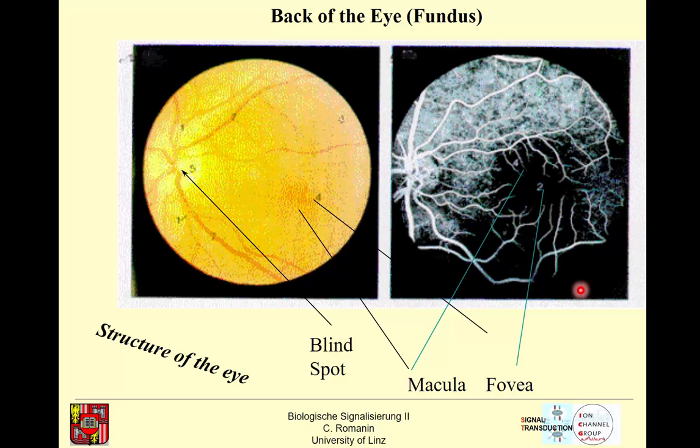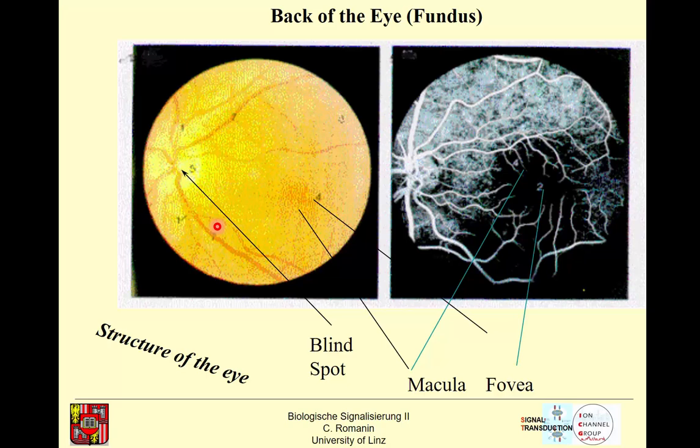Whenever you get an image of the background of your eye, the medical doctor can already come to some conclusions, particularly when the blood vessels do not look very good. That can happen, for instance, when people suffer from diseases such as diabetes.